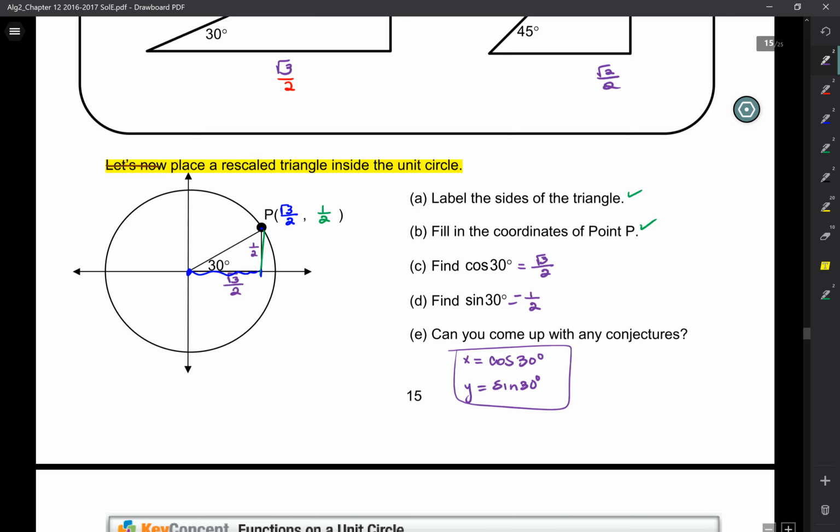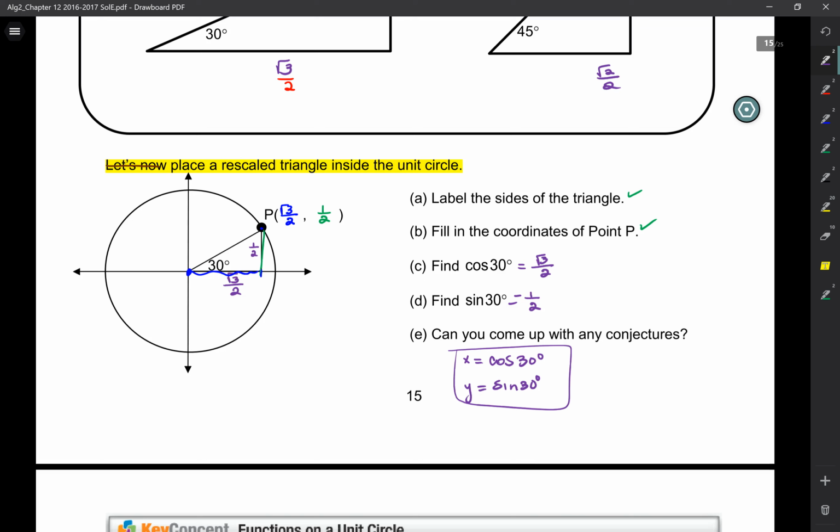We're just gonna remember that the cosine of the angle is always this horizontal side, and the sine is always the vertical side. So, which side is always the horizontal? The sine or the cosine?